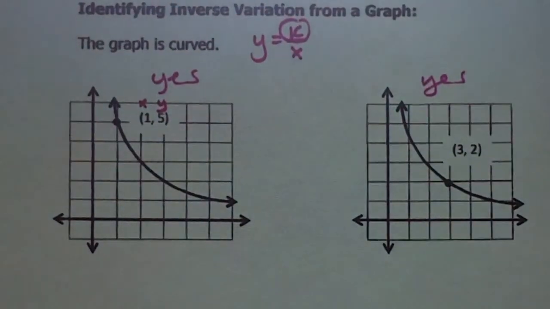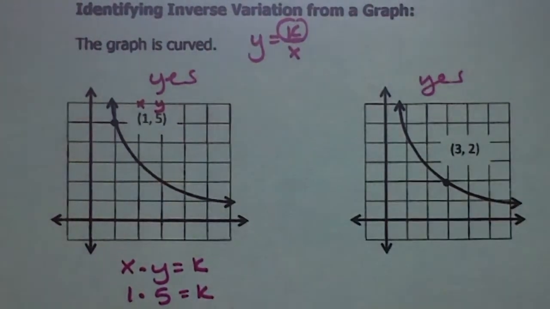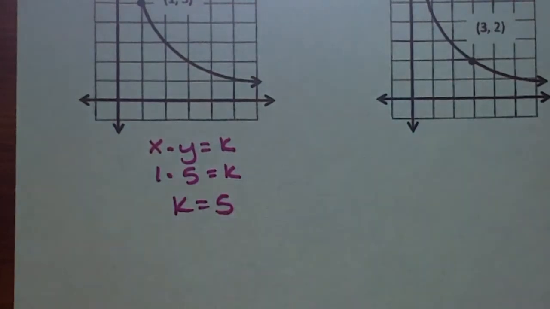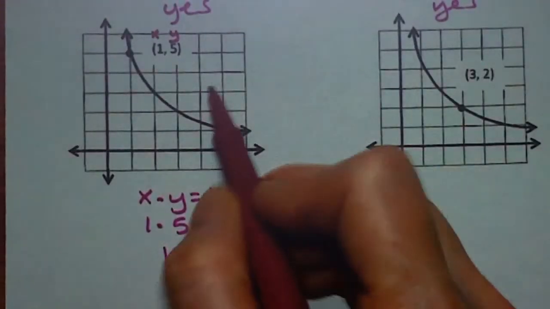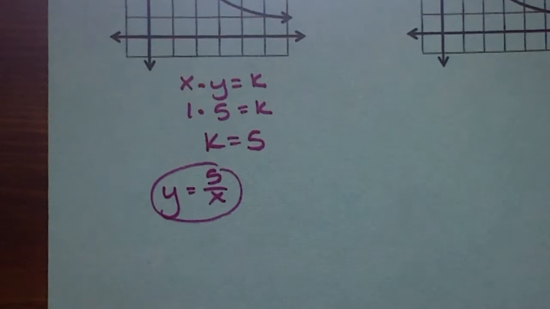If you haven't figured it out yet, it's okay. But if x times y equals k, wouldn't k here be equivalent to 1 times 5? Right? So k equals 5. If I know that k equals 5 and y equals k over x, then my equation would just be y equals 5 over x. Bam! We just wrote an equation for that graph.